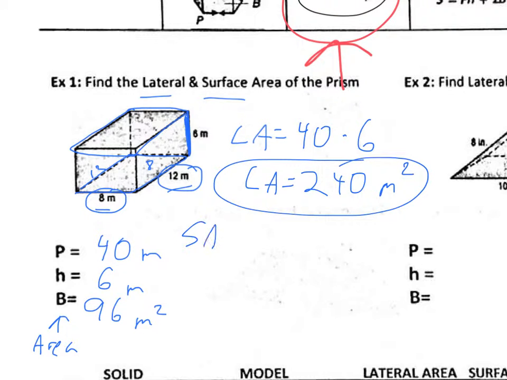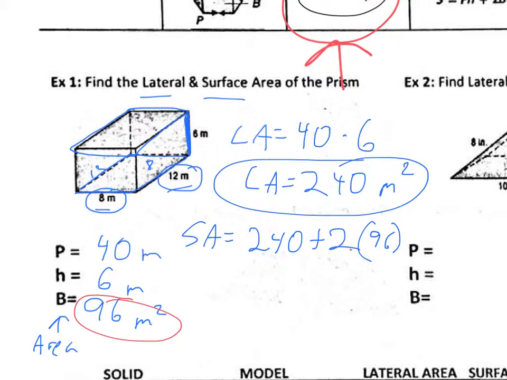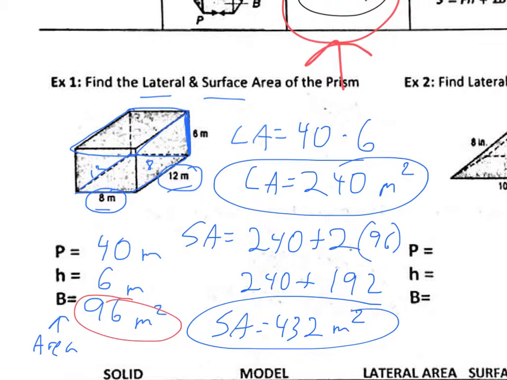My surface area is my lateral area, so 240 plus 2 times the area of the base. Well, the area of the base we found already was 96. So we put that 96 here. Multiply that out, and you should have your answer. 240 plus 2 times 96, which is 192. Add those together, and the surface area is 432 square meters. Okay, and that's how you find the surface area.